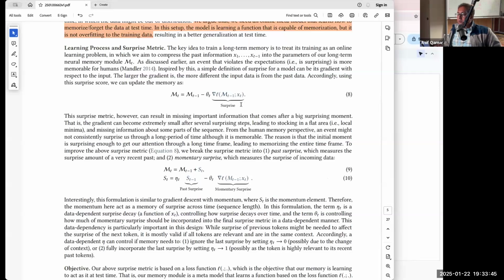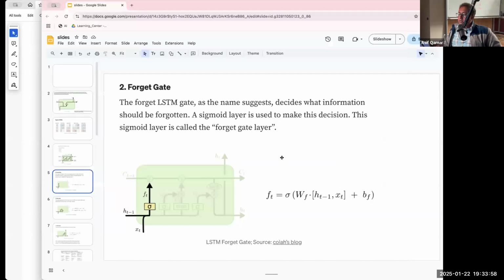These are the mathematical notations to explain the neural network, and to explain how the neural network gets updated. In order to understand that equation, we need to understand the notation here. So these slides help you to understand. If you look at the forget gate equation, x_t, x is an input.